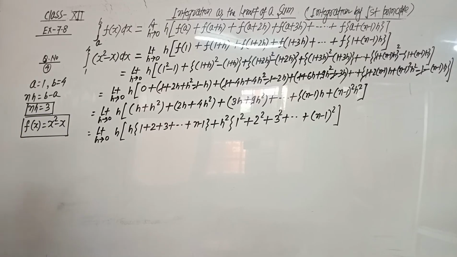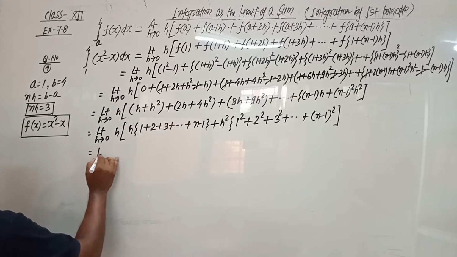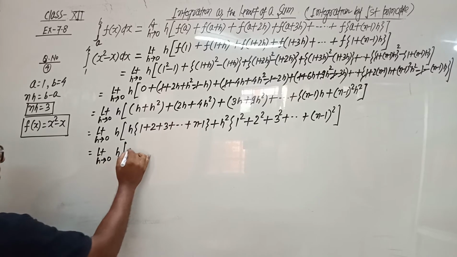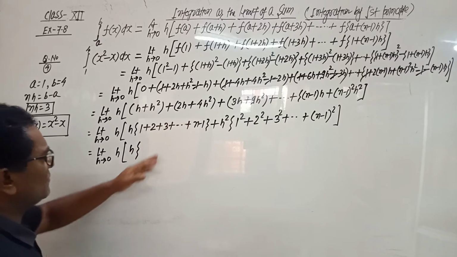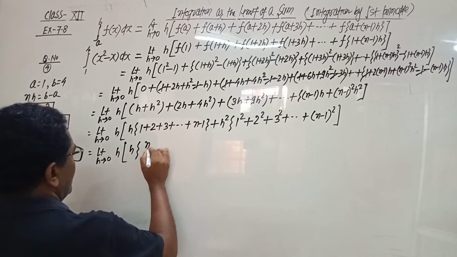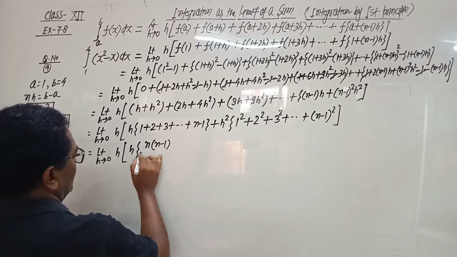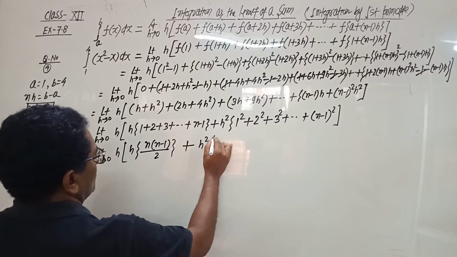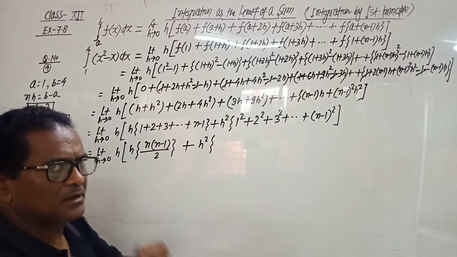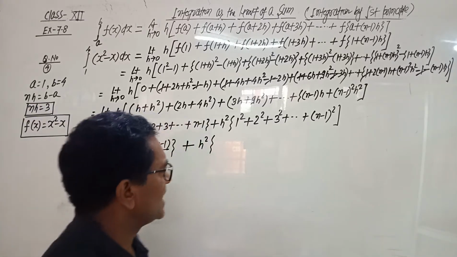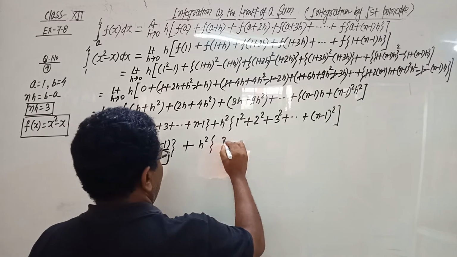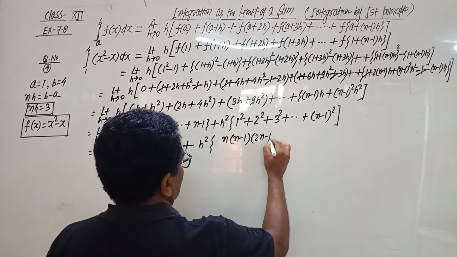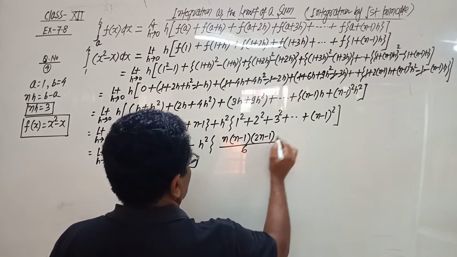Now write the formula. So limit h tends to 0, h into, this is the formula for n into (n minus 1) by 2, then plus h square and the formula for sum of the squares of n minus 1 terms, so n into (n minus 1) into (2n minus 1) upon 6.